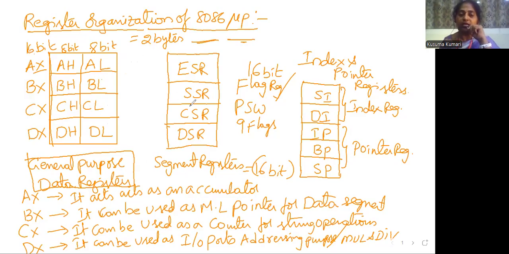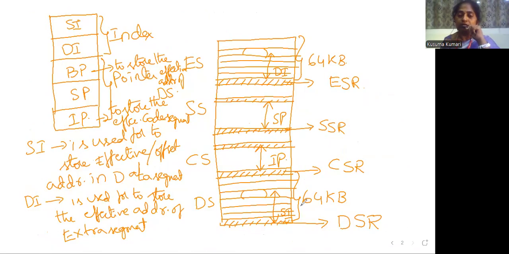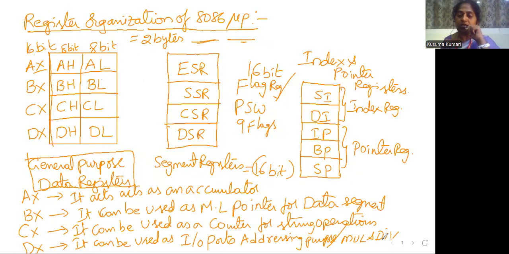Okay. Similarly, the next type of registers are segment registers. Each register size is 16-bit. There are four segment registers: data segment register, code segment register, stack segment register, and extra segment register. These registers' purpose is to store the segment bases of the concerned segments.